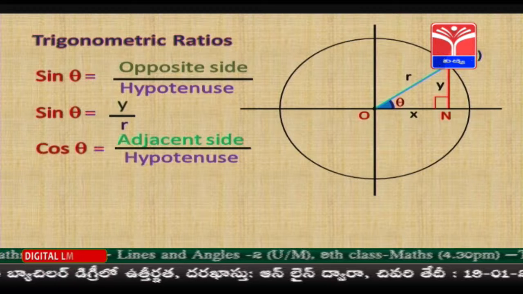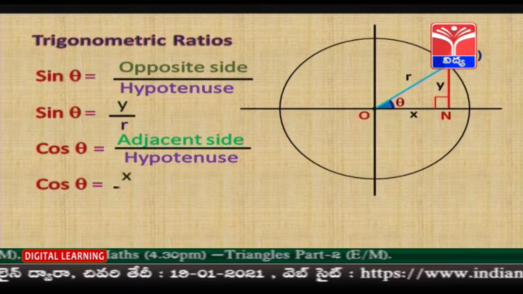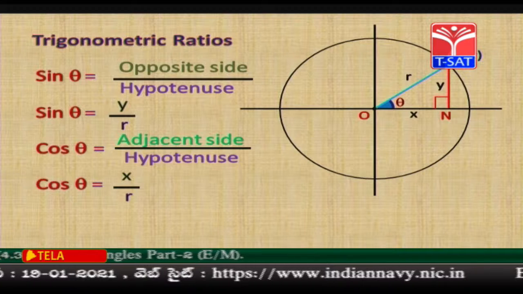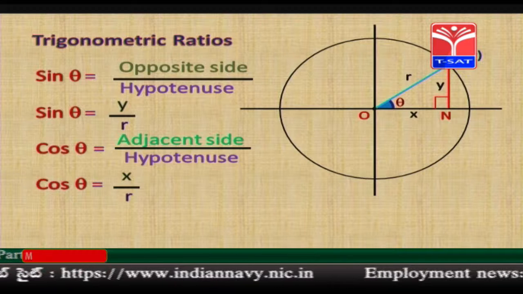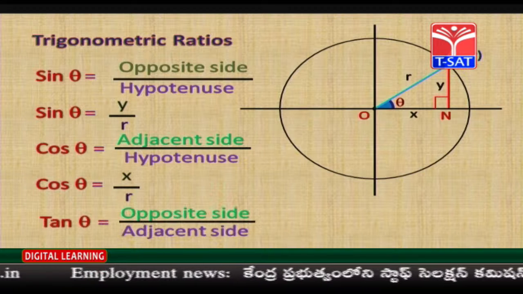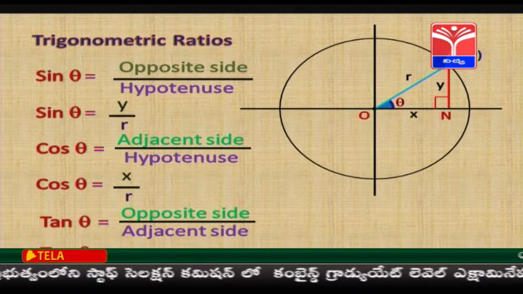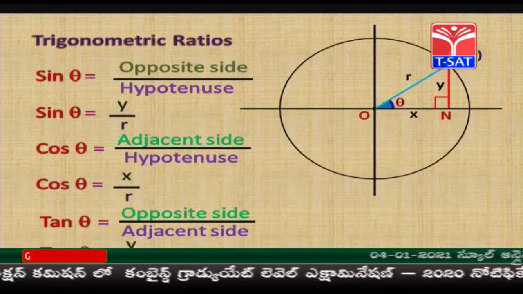Cos theta is equal to adjacent by hypotenuse, that means cos theta is equal to x by r, where the adjacent side to theta is O N and the hypotenuse is O P. Tan theta is opposite side by adjacent side, that is tan theta is equal to y by x.